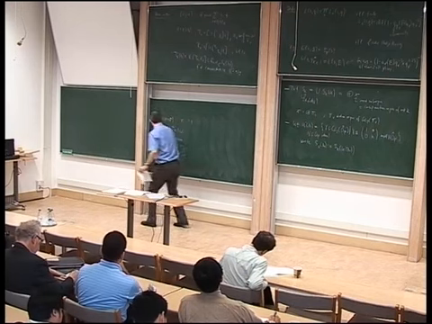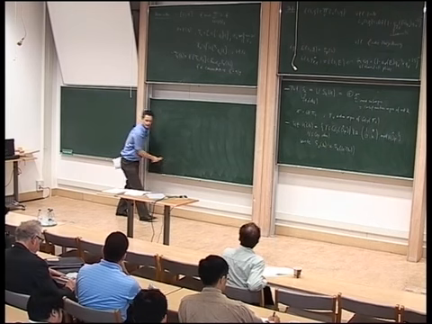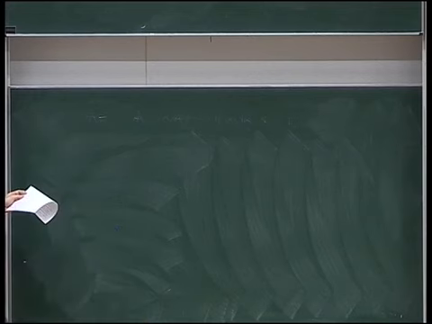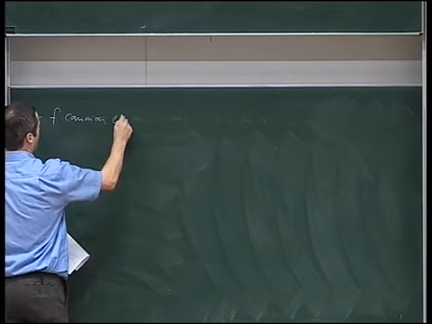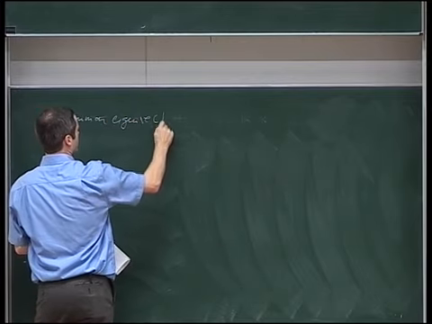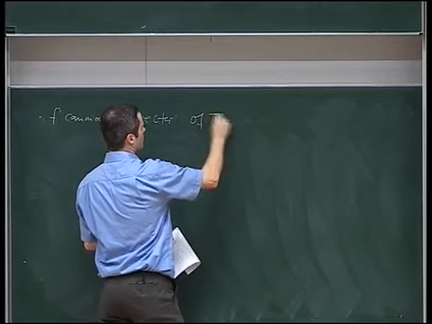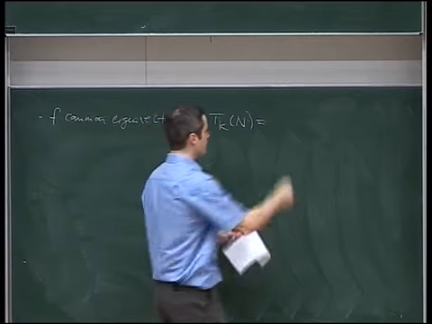So since this algebra is commutative, we can find common eigenvectors. So let f be such a common eigenvector of T_k(n), which I'll shorten in the following to Hecke eigenform.